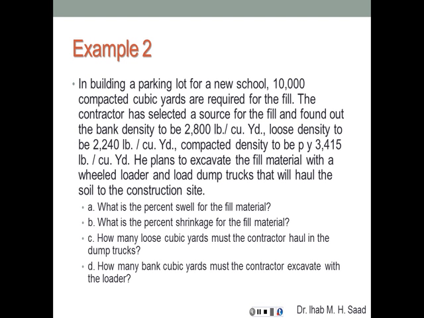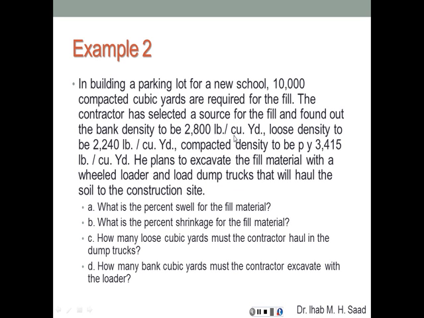Another example here, in building a parking lot for a new school, 10,000 compacted cubic yards are required for the fill. The contractor has selected the source for the fill and found out that the bank density is going to be 2,800 pounds per cubic yard. What kind of cubic yards in this case? Well, the answer is given, bank density.